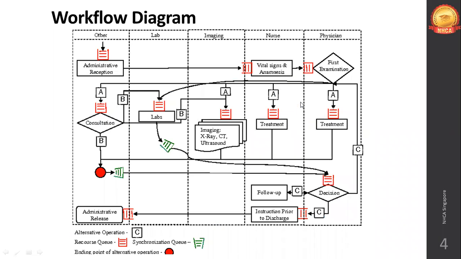So next is the workflow diagram. Just compare this image to the screenshot which you have taken, the screenshot of the process chart or flow chart. Compare these two images, and can anyone tell me in the chat box what is the difference between these two images?